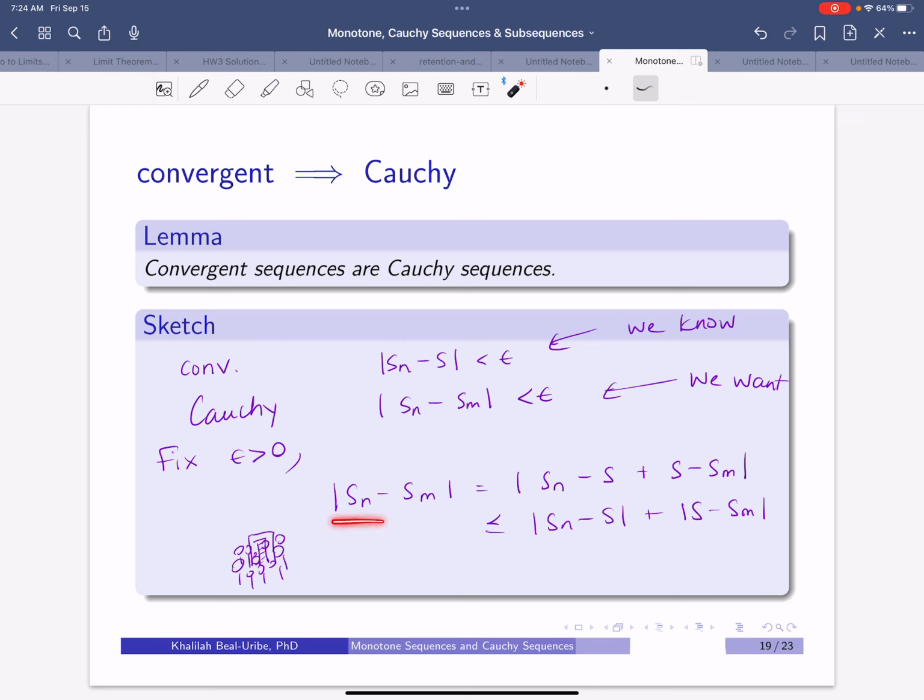The essence of our proof is to say that the people are arbitrarily close to each other because if you take two people, we can make them close to the door. So the distance between the two people has to be less than or equal to the sum of the distance between each person and the door.